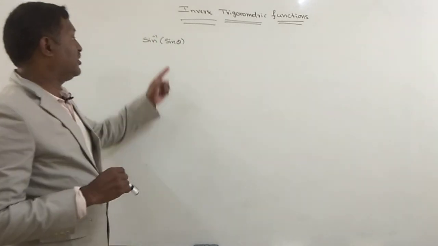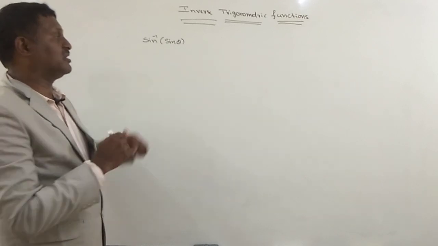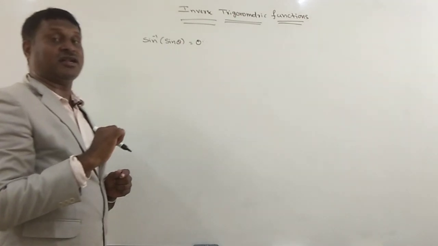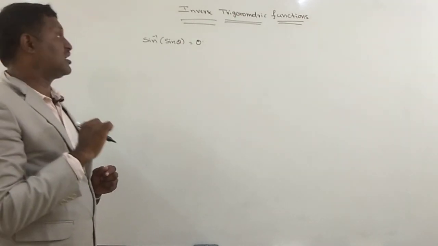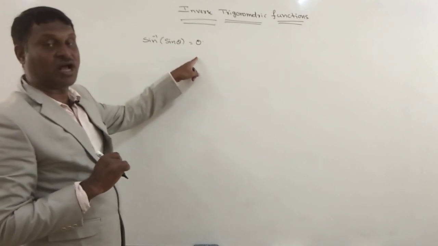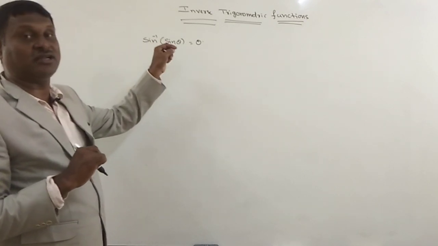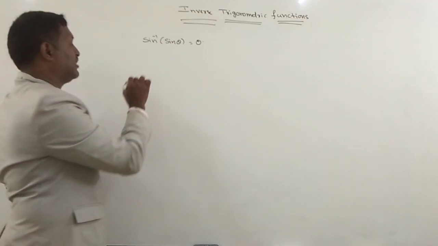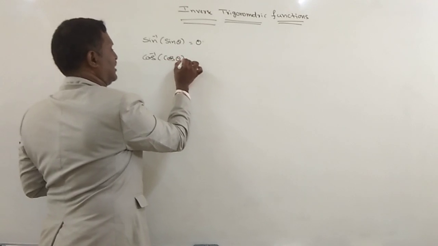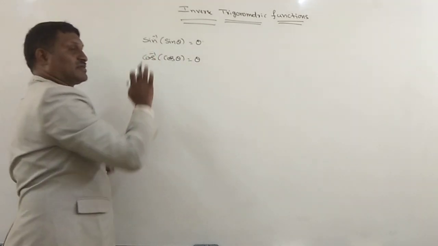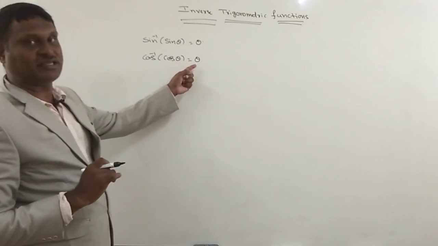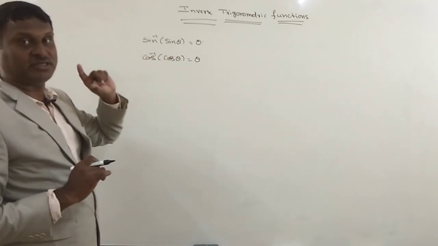So now sine inverse of sin theta, when you have taken, you can write theta only when it is under the limits of the function. Otherwise it does not exist. So sine inverse of sin theta is theta only when it is under the limits. Similarly, cos inverse of cos theta we can write as theta under some limits.